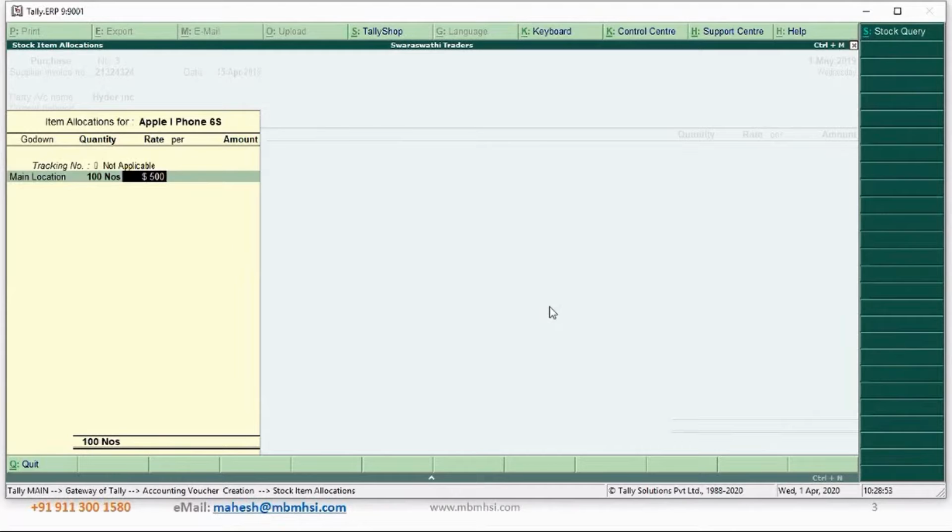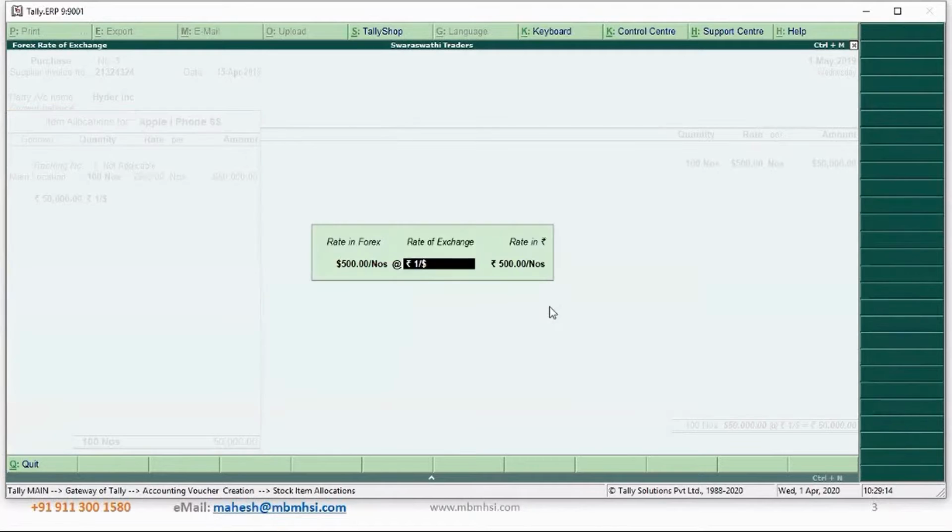Once I type the currency symbol and the rate and click enter, it is automatically taken as $50,000, 500 into 100. Now I need to give the exchange rate.